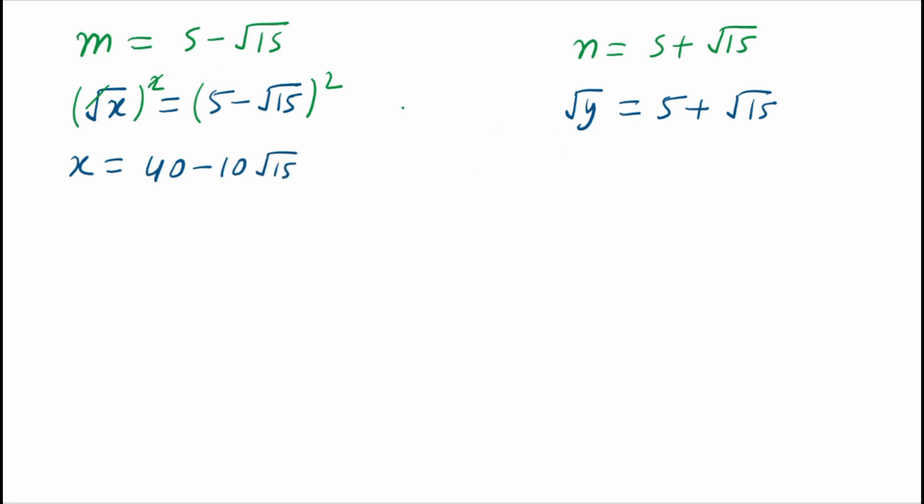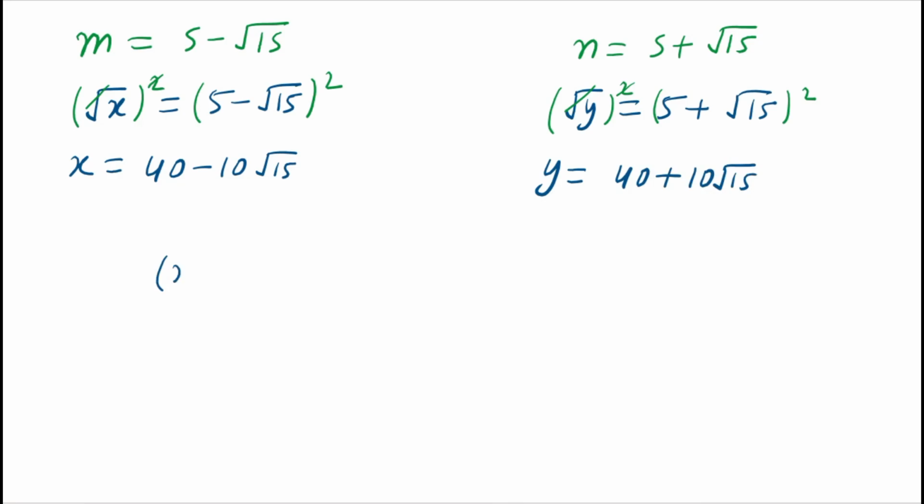And here if we take square on both sides, on the left hand side this square root is cancelled out by this square, so here y is equals to, and if you solve this expression then you will get 40 plus 10 times square root of 15.